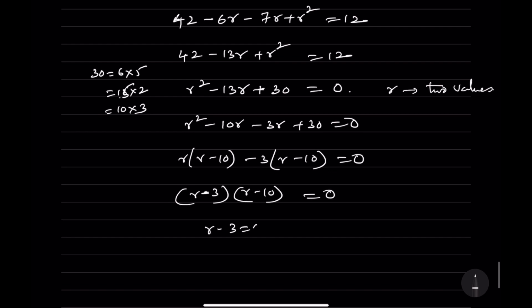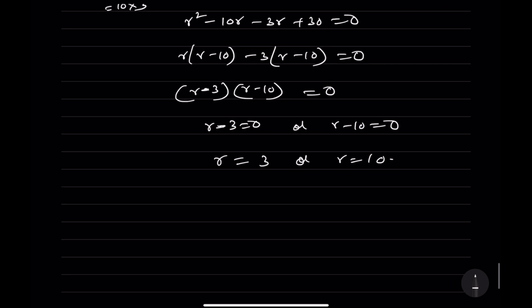So r minus 3 is equal to 0 or r minus 10 is equal to 0. So r is equal to 3 or r is equal to 10. Therefore we get two values, 3 or 10.